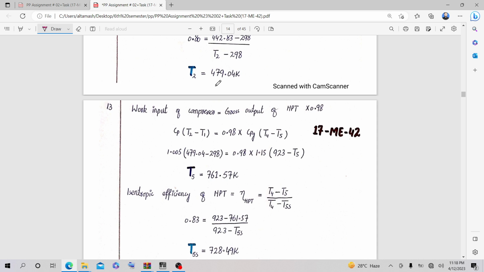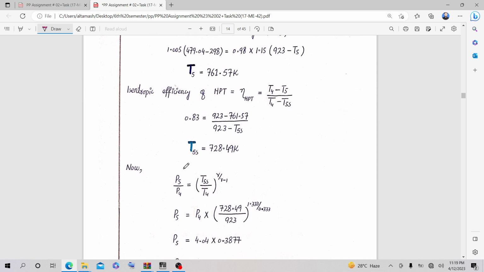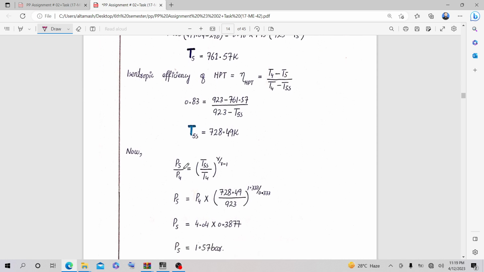And work input of compressor is equal to gross output of high pressure turbine into 0.98. The same, all the things are same, but here we have written T5 because now T4 is equal to T5. And isentropic efficiency of high pressure turbine is equal to T4 minus T5 divided by T4 minus T5S.